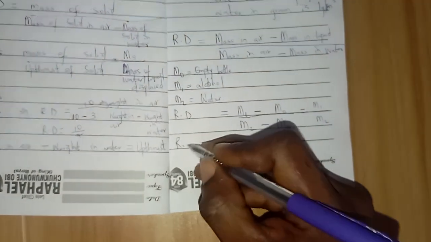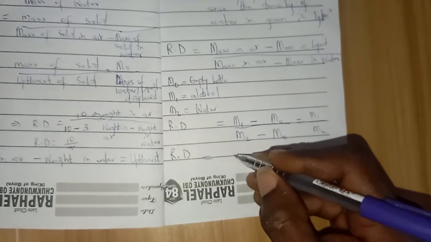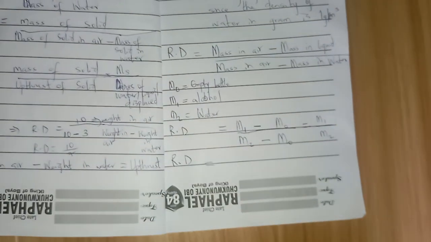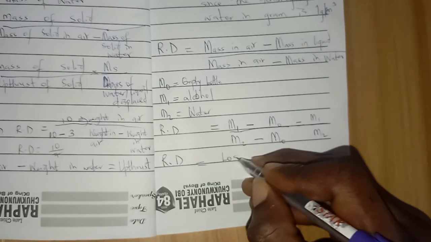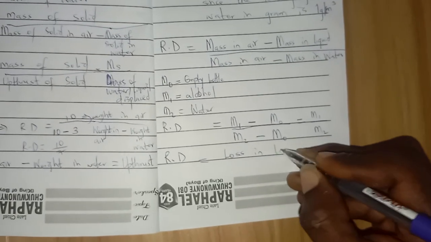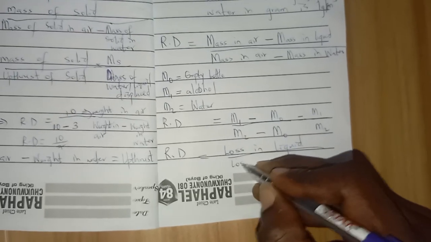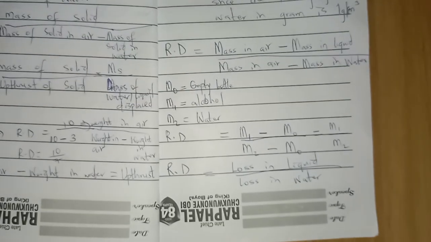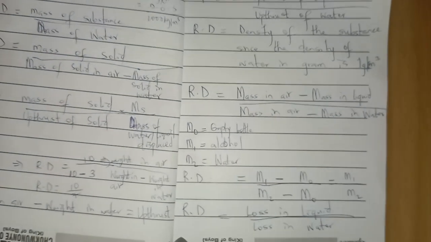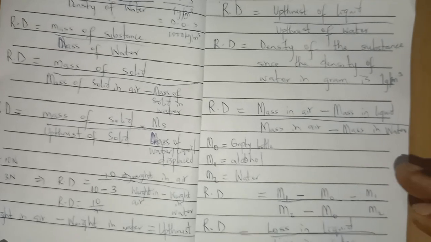So the main thing when it has to do with liquid is simply a situation whereby you are considering loss in liquid minus loss in water. And how you get loss in anything is simply by checking Archimedes principle. And that is the next part I'm treating now.